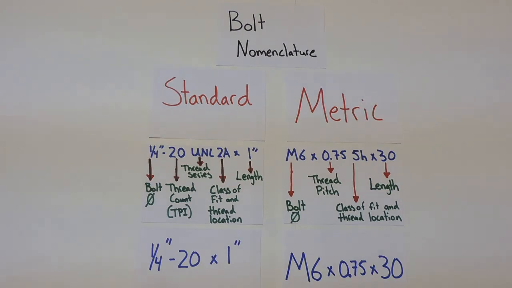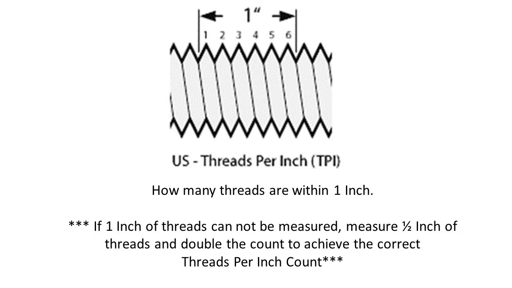Again, we have the bolt diameter, which is an M6 in this case. We have the thread pitch, which is 0.75. The thread pitch on the metric system differs from the threads per inch on the standard system, because on the standard system, threads per inch is just a definition of how many threads are located within 1 inch.